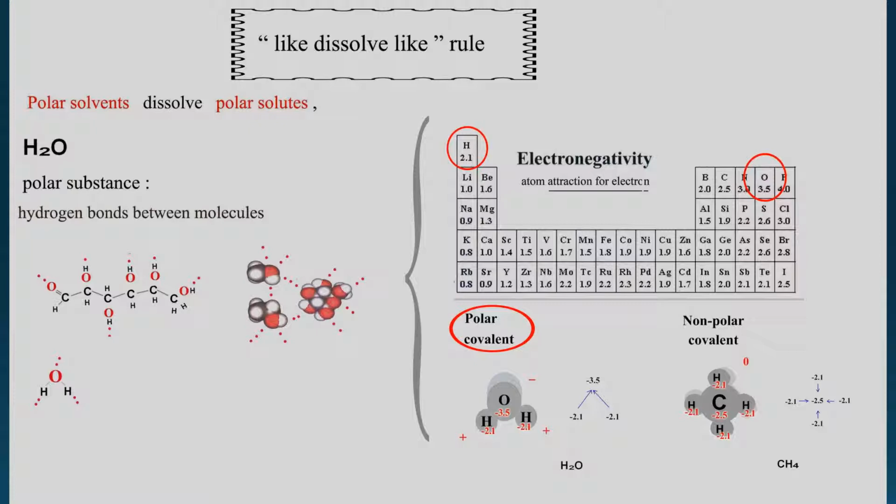And this polar substance will cause hydrogen bonds. Remember, that is because they have strong attraction between one and the other. So in between, this is the hydrogen bond. So in a polar substance like water, they form hydrogen bonds between the molecules.